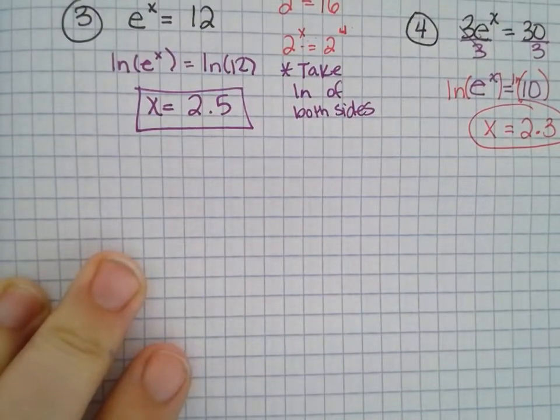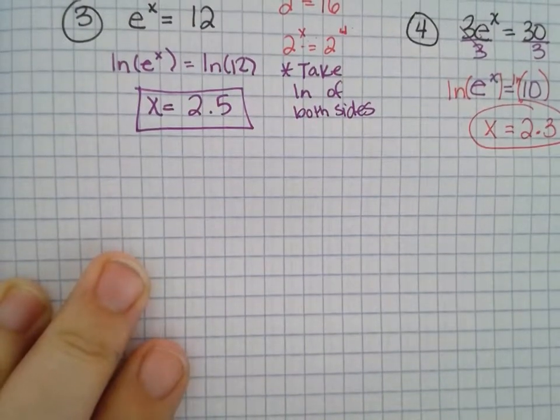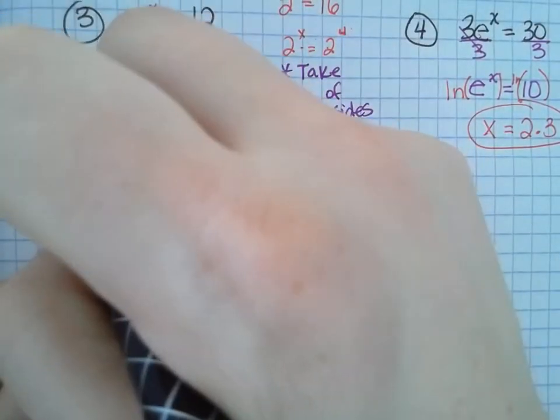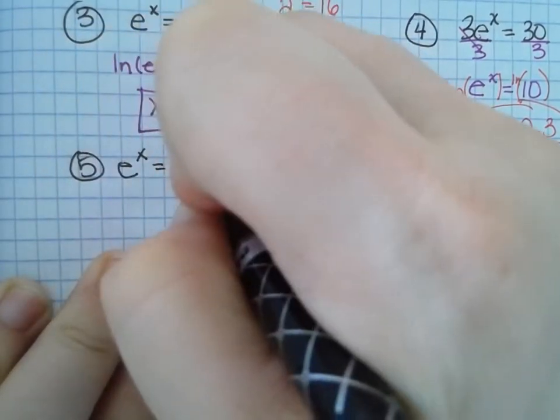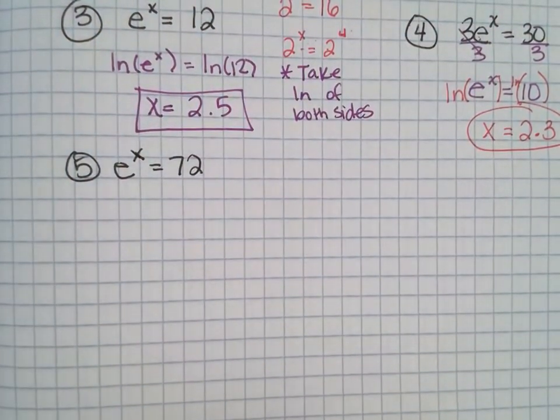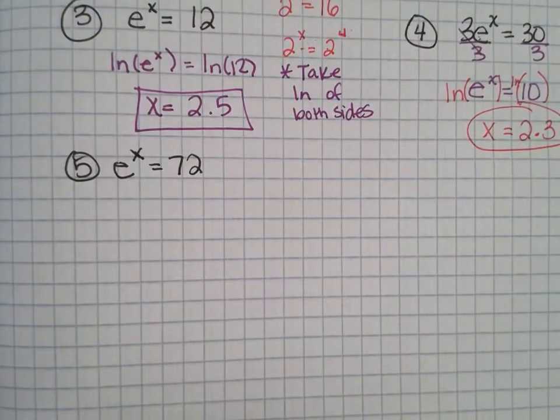All right, I think this one's all you. E to the x equals 72. This one's all you. Try it.